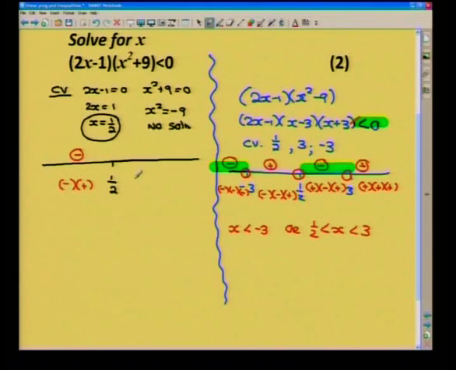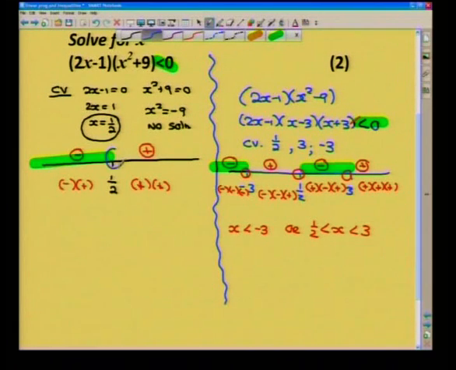If I take 1, 2 times 1 is 2, minus 1 is 1, so it's a positive. And of course, this is a positive. So overall, this is a plus. What do I want? Well, according to my information, I want smaller than 0, so I want here. So to write that, I would not include this point, and I would do everything this side, so it would be x smaller than a half.